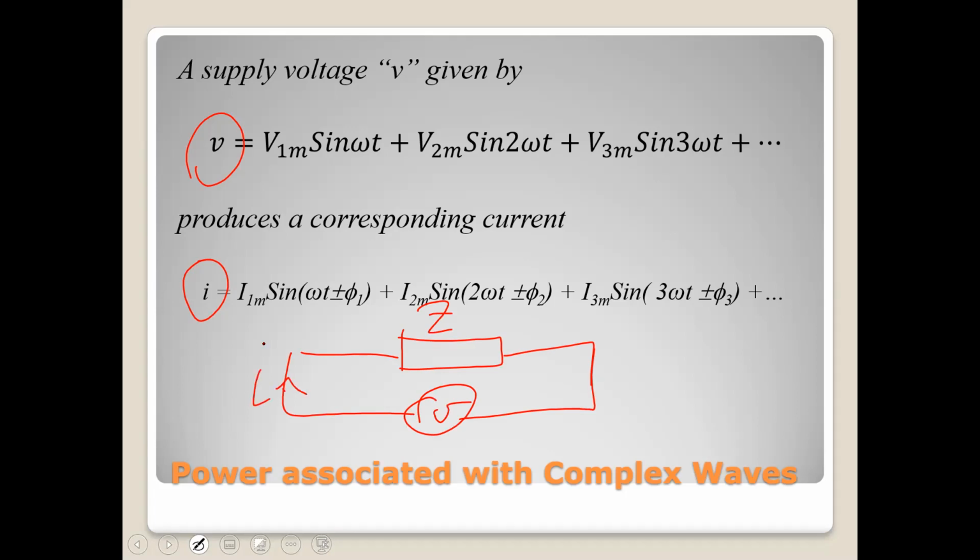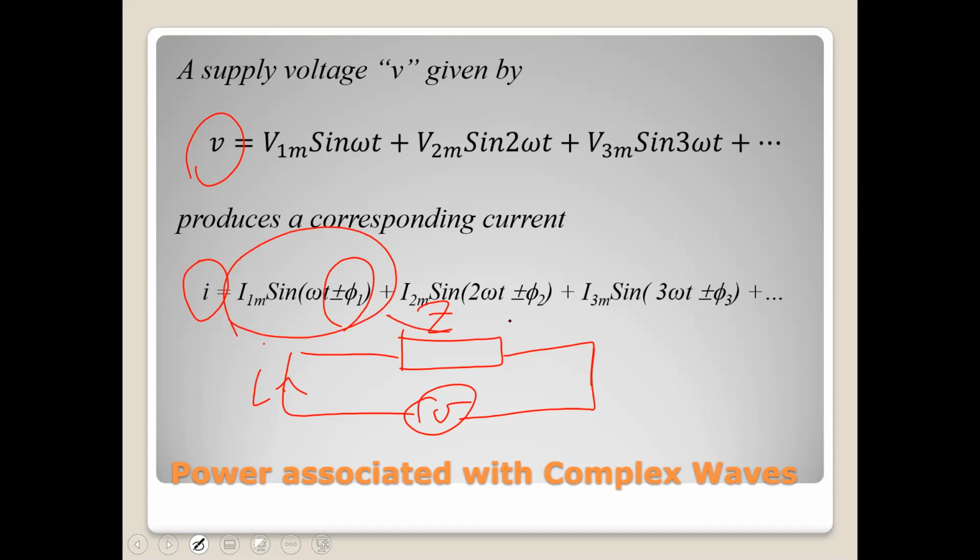All right. Now we do not know what Z comprises of. So it means, therefore, that the phase angle, that's phi, can either be positive or negative. If it's more capacitive, then we know that it will be plus. If it's more inductive, then we know it will be minus. All right. So for our fundamental, we have that as the current component.